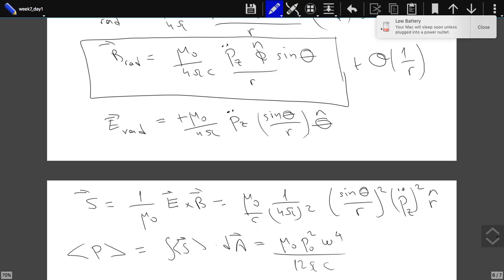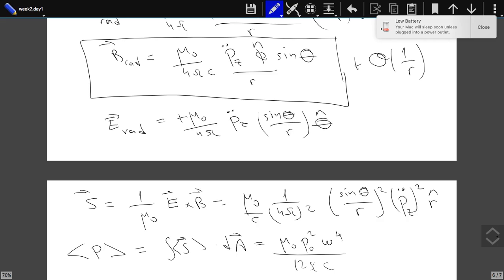Now, this component is scattered in my direction. This component is not scattered in my direction. So whatever I see in my direction is a wave from this polarization only.